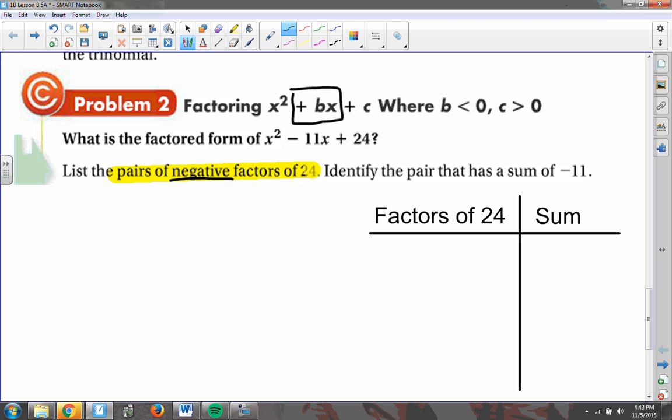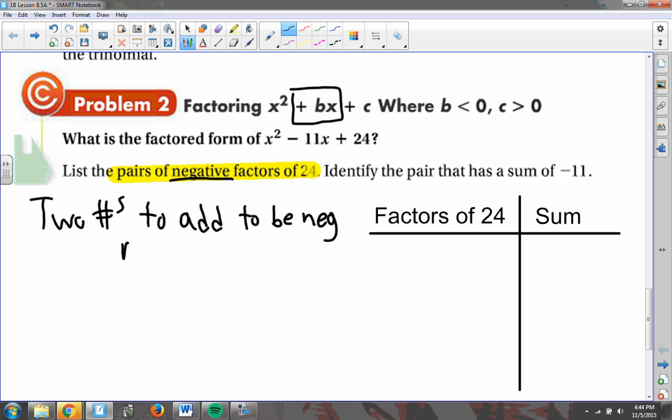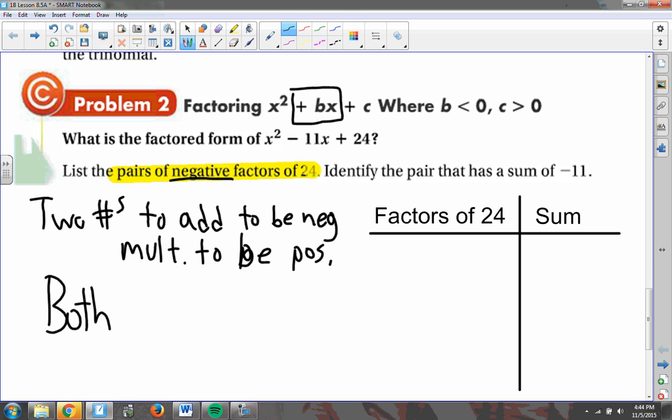So both have to be negative. Because if I want them to multiply to be positive, they have to have the same sign. Negative times negative will get me back to a positive.